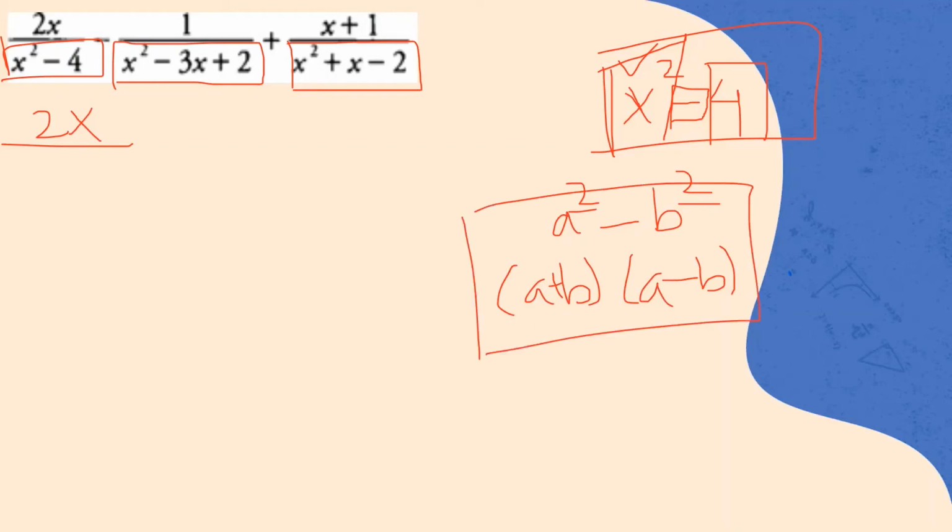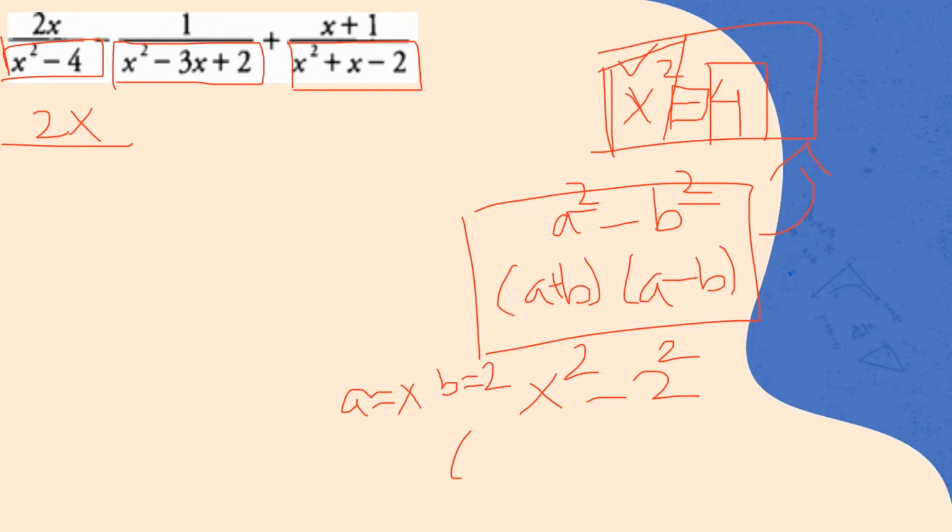So let's apply this to the factoring that we are trying to do. We have x squared minus 4, which I literally told you guys can be rewritten as x squared minus 2 squared. So in here, my a is my x, and my b is actually my 2, right?